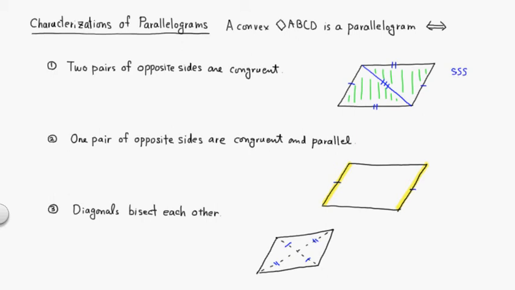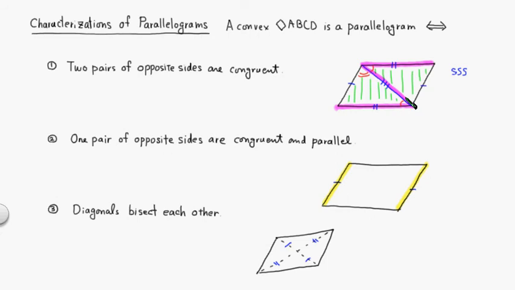Once you have that, using corresponding parts of congruent figures, so using the Z property, we could show that these two opposite sides are parallel. And then we can use another corresponding angle.